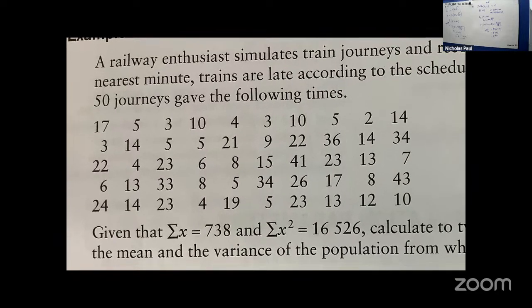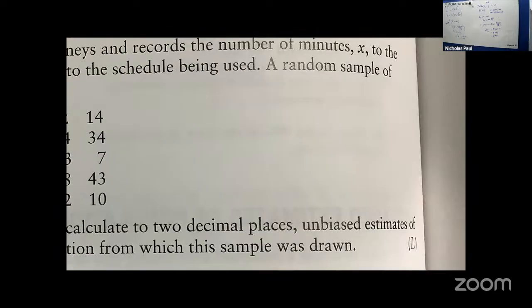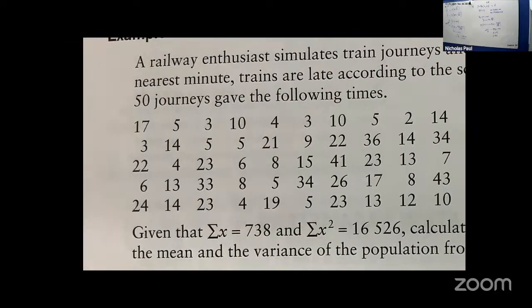Just calculate, to two decimal places, unbiased estimates of the mean and variance.